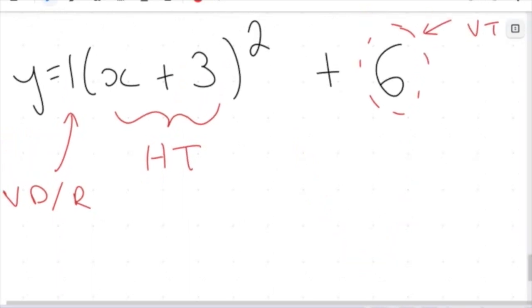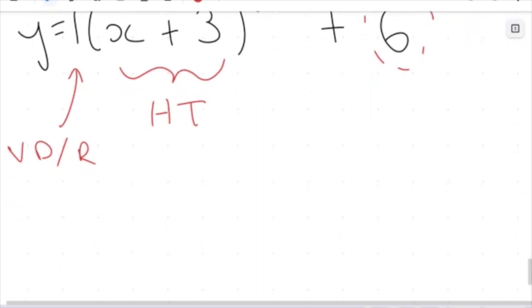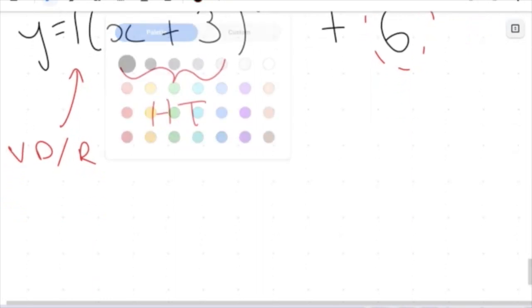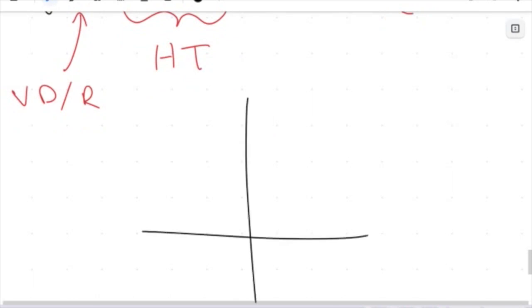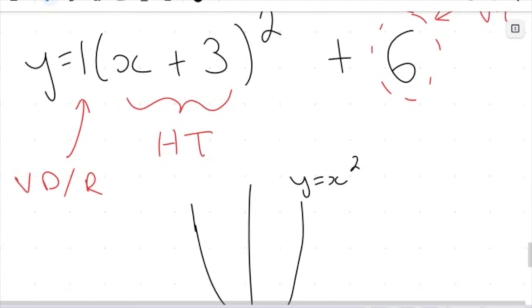Okay, now let's have a look at what's being translated, because that's going to tell us where the turning point is going to move. So instead of having a regular parabola like this, my easy y equals x squared parabola, we want to consider these particular transformations. Now firstly, I have a positive 3 here.